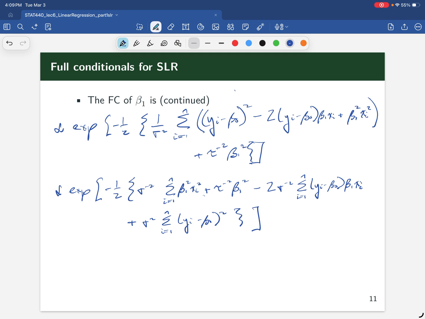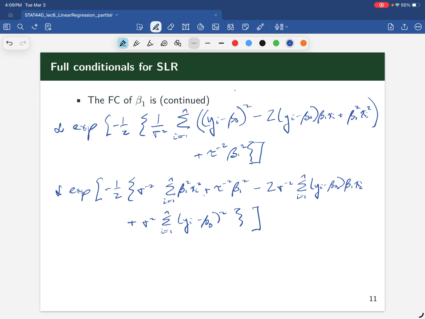Now I have e to the stuff plus stuff plus stuff. Importantly, this thing does not have any beta 1s in it. I apologize that this isn't a little bit more clear, but this is definitely a beta naught here.